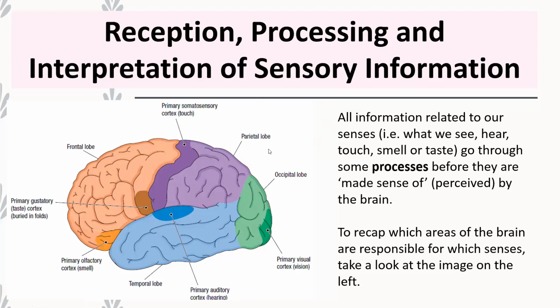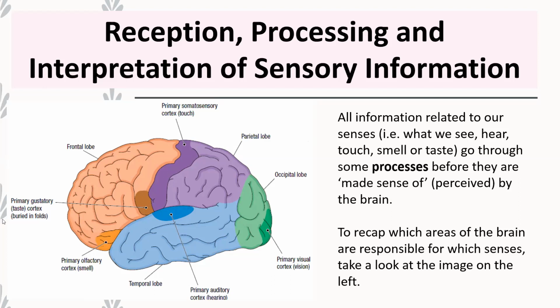If we're talking about taste, that has to go through your tongue. Regardless of what type of sensory information it is, after it goes through your sensory organs, it will reach the relevant part of the brain, and that is the end destination for that sensory information. Now, I've just put a picture because Unit 1 was a long time ago, and obviously we might not remember it as well.